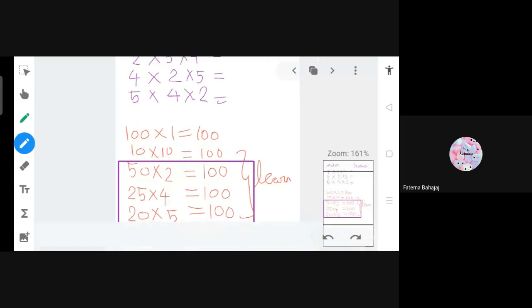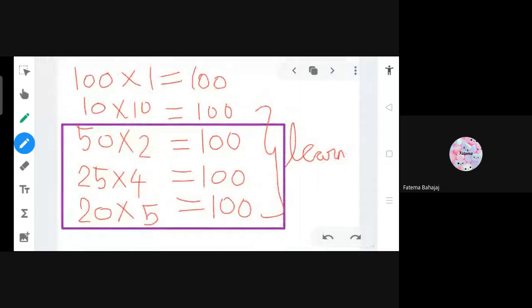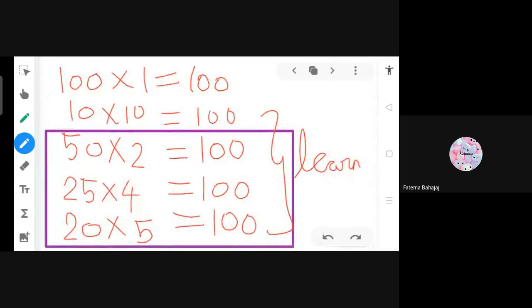Now first of all, revise this as usual. Combination of 100, meaning 100 comes in which table, that way. And then again I'm saying the names, that student please read this. Qureshi Fatima, is she present? No, ma'am, she is not present.